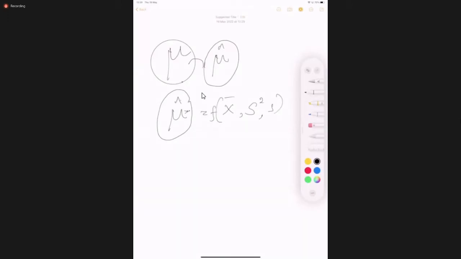For now, please remember, for a population, we have parameters. It's a numerical measurement that describes the population, and for a sample, we have sample statistics, right, which are used to describe the sample.